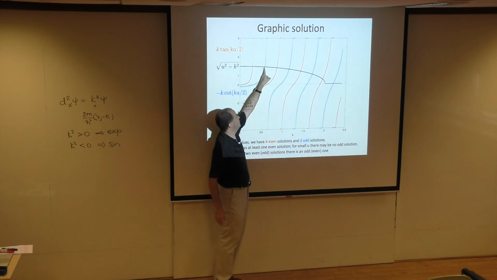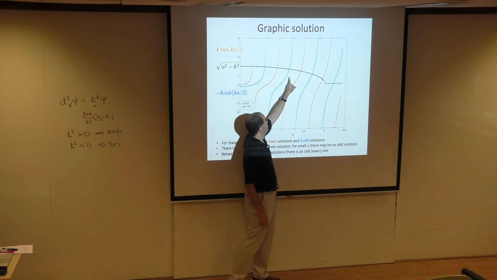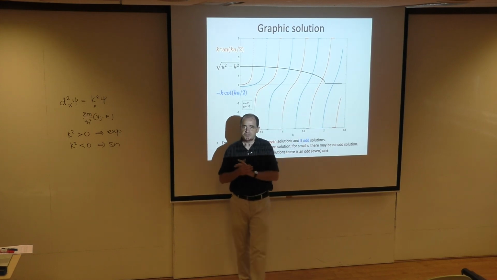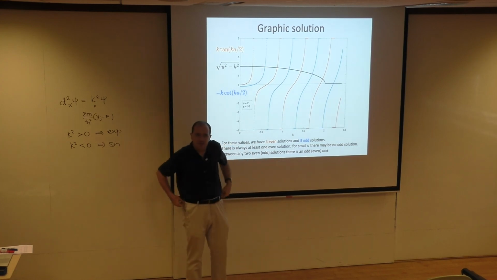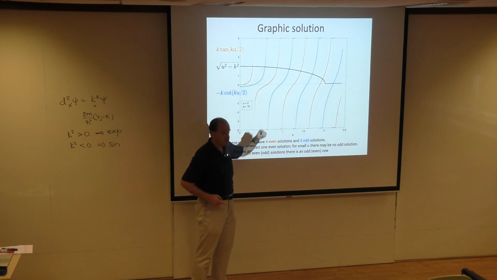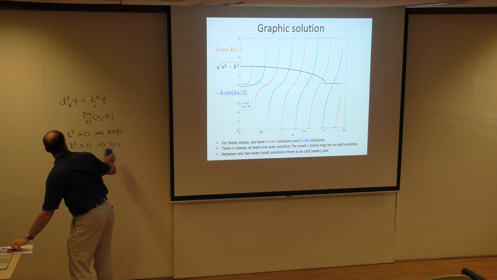Then the second solution would be this one, the third solution, that one, the fourth, this one, fifth, sixth, seventh. So for this particular choice of parameters, there would be 7 solutions in the potential well. If I draw it, let me draw it here.